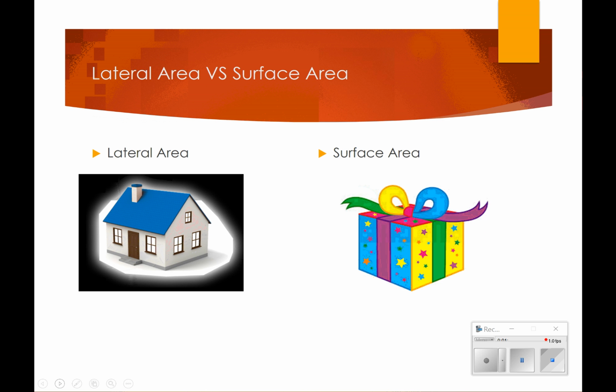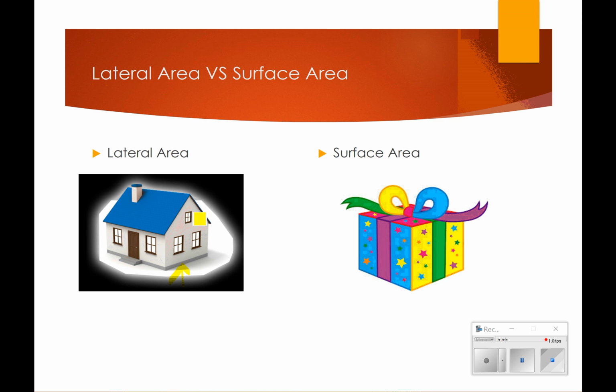Okay, so we have two different kinds of area we're looking at. One of which is the lateral area and the other is the surface area. A lateral area, think of painting the outside of your house. I'm not going to paint the roof because that's shingles, or now we're into the tin roofs, but we don't paint that. And we don't paint underneath the house. We don't paint that because it's sitting on the ground or there's a basement or whatever.